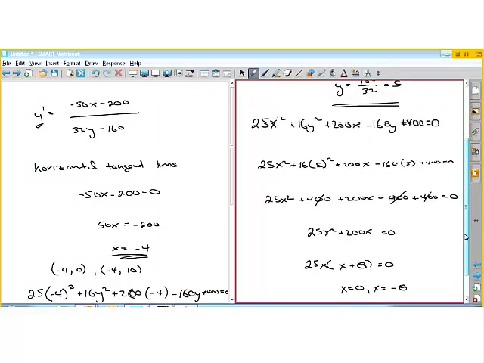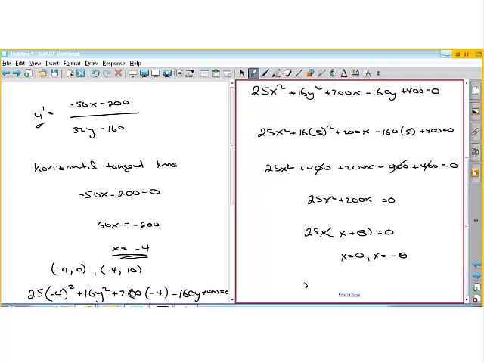So the coordinates are going to be 0, 5 and -8, 5. These turn out to be the vertices of the ellipse as well. So here you're going to have vertical tangent lines. And so let's actually plot these things.